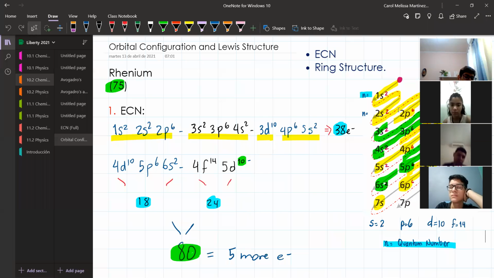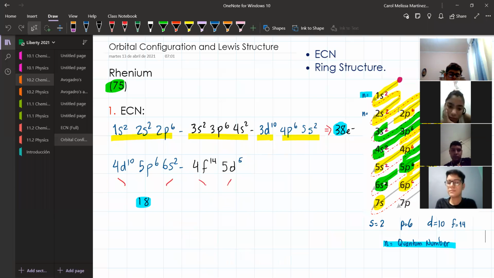So it's gonna be 10 minus 5, which is 5. And then I just make sure that I have all the electrons required. Okay, so let's see, I have 38 there, and here I have 19. Can we make sure that we have the 75 electrons now?